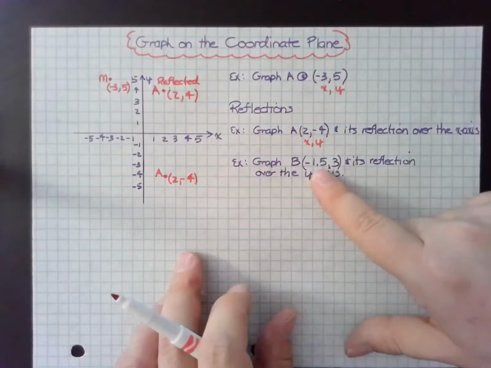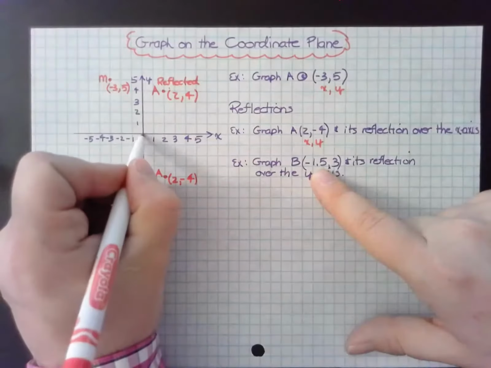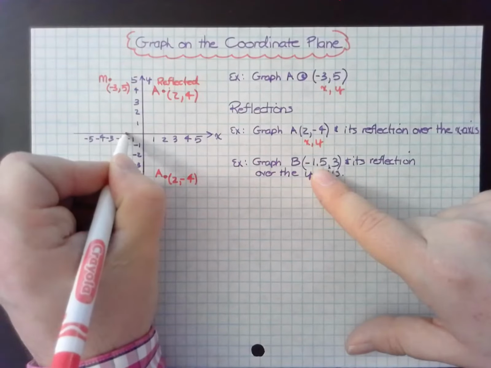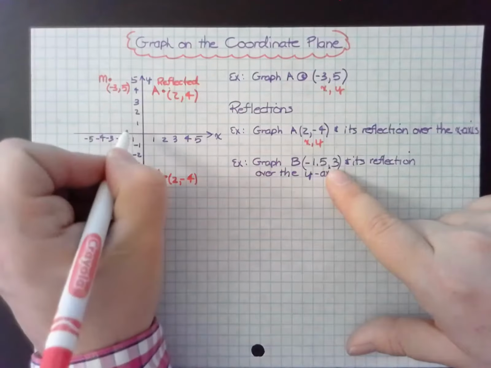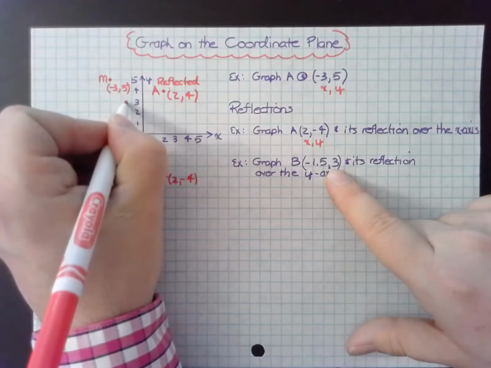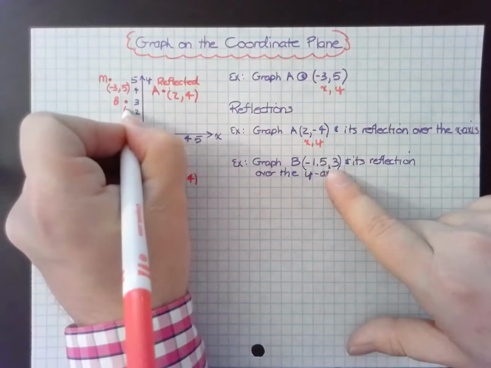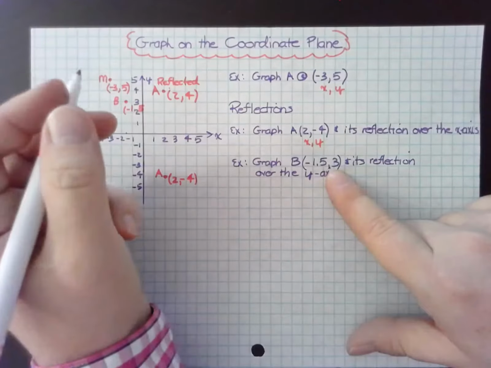So my ordered pair, -1.5, if I go -1 halfway to 2, so that's right here, and then I go up 3, 1, 2, 3, and that is B, and my ordered pair, -1.5, 3.